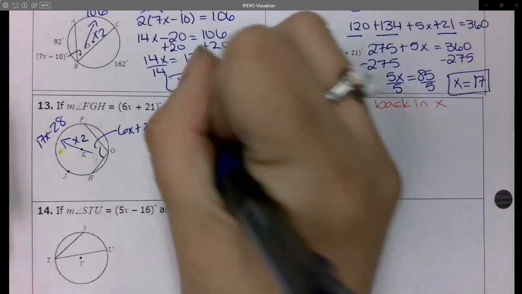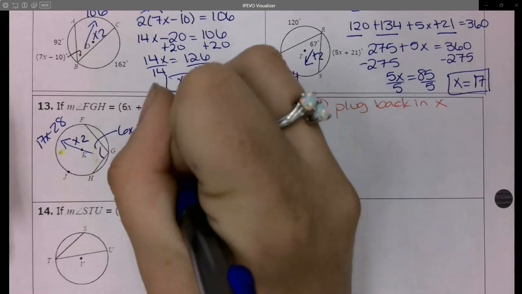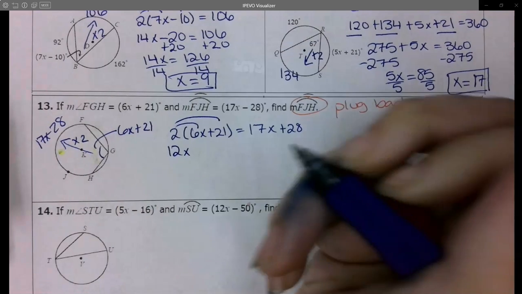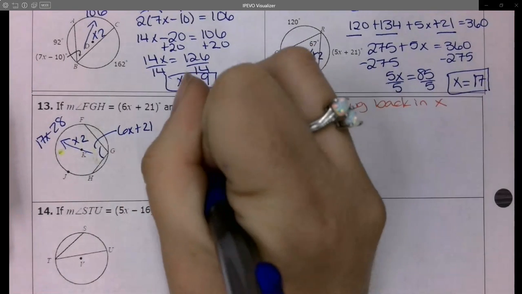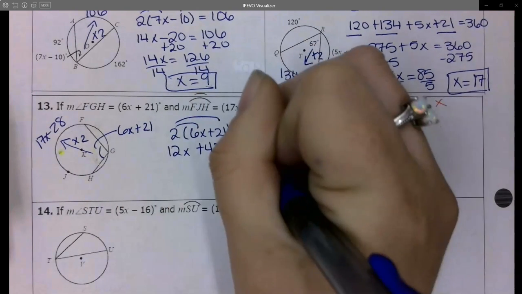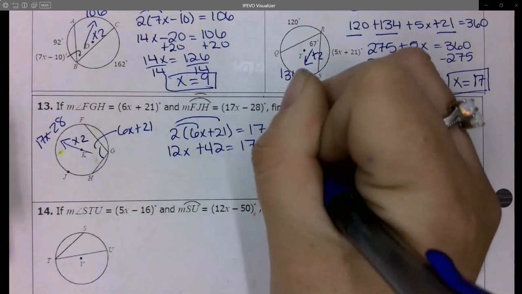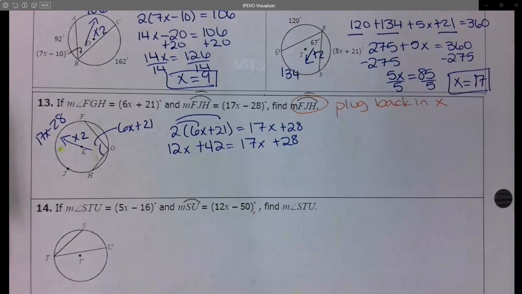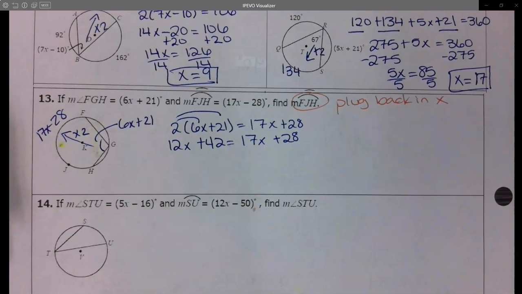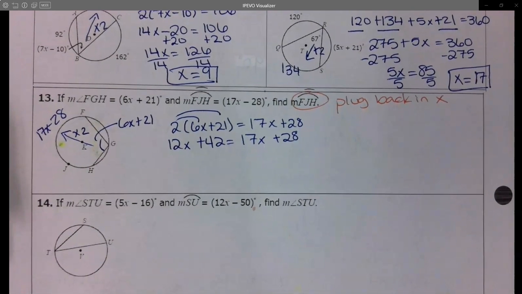I first want to start off by distributing this 2. I'm going to have 12x, and then 2 times 21 is 42. It still equals the same stuff on the left side.